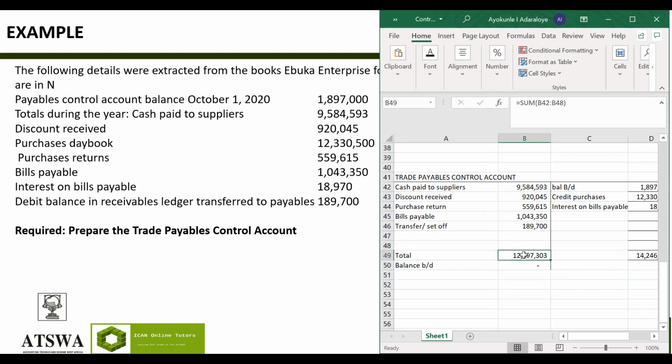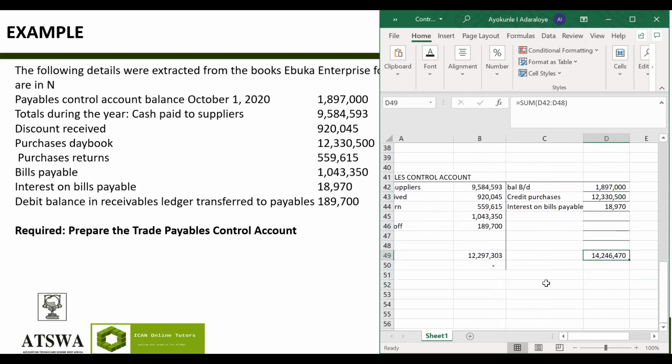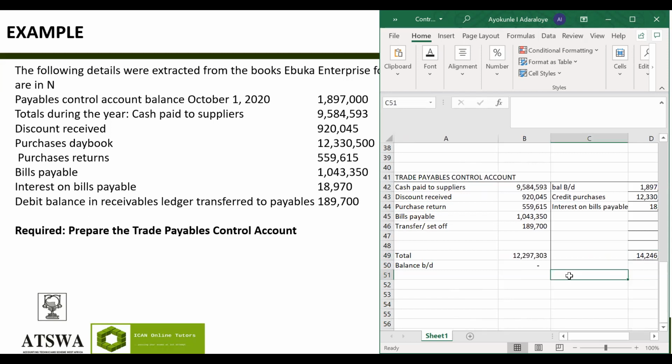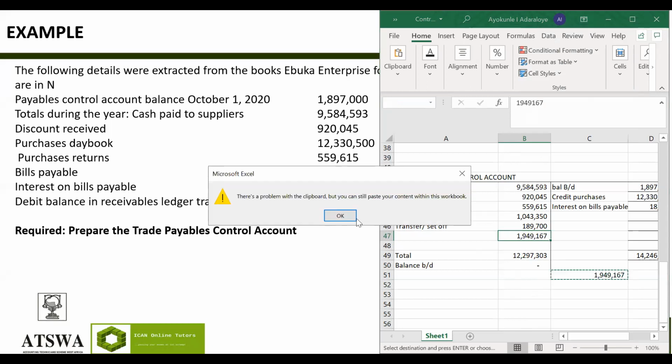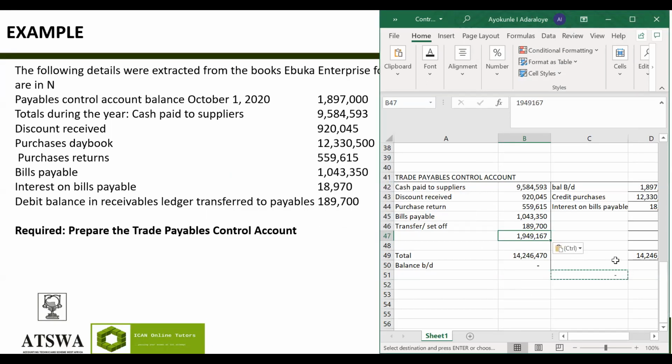So what did you get? The total for the year for this one is this, and the total for this one is this. The difference is what we look for. 14,000 minus 12 million, the difference is about 1.9. We carry this 1.9, put it here, and sum this again. They are the same now.